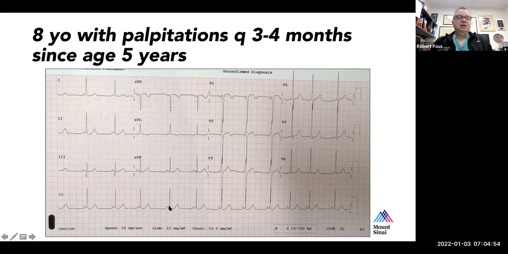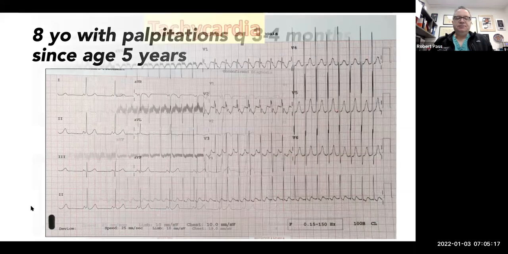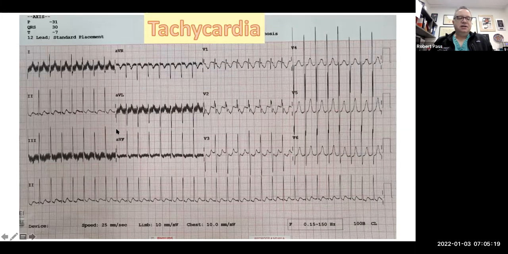So presumably a patient who is complaining of palpitations, who has ventricular pre-excitation or WPW, we would surmise that the palpitations may be due to the presence of WPW. But in a child of this age, we would not necessarily believe that until we had documentation. But actually, we see here, Dr. Savli was kind enough to send me a tracing of the patient in tachycardia.